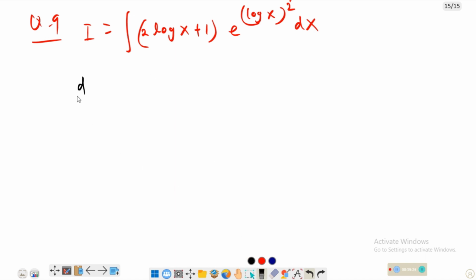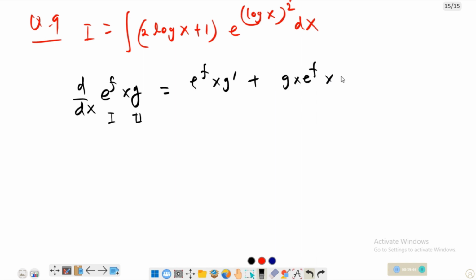If we differentiate d over dx of e to the power f into g, using first into second, this is equal to e to the power f into g dash plus g into e to the power f into f dash.